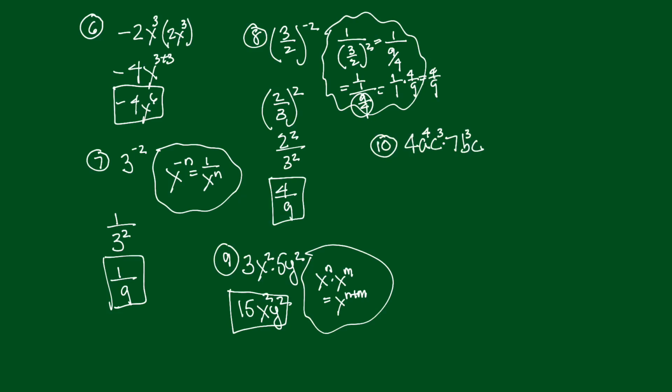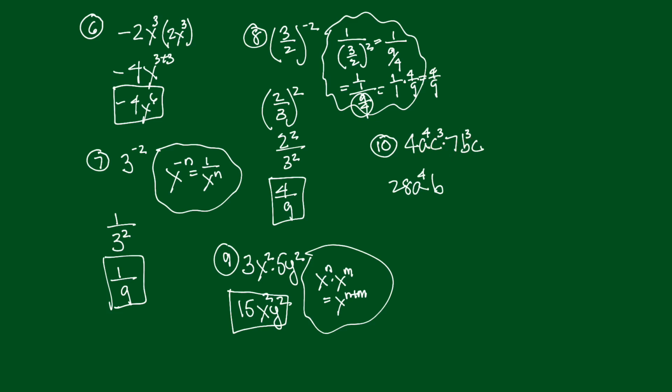Number 10, we're going to take the 4 times the 7. Now notice, first of all, I see right up front it's all multiplication. No additions or subtractions to hold this up. So all multiplication, so just multiply number parts by number parts. 4 times 7 is 28. Now, move over to the a's. What have we got? We've got 4 here, no more a's, so that's it, a to the 4th. And what about these b's? Well, that's it, just the b cubed.